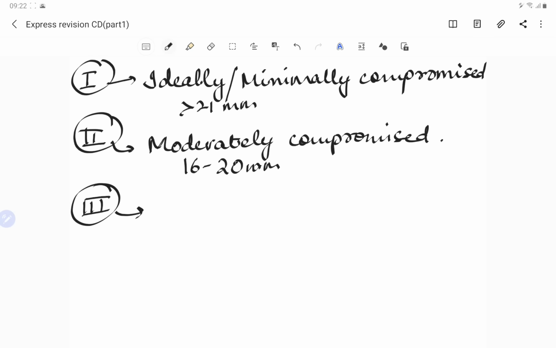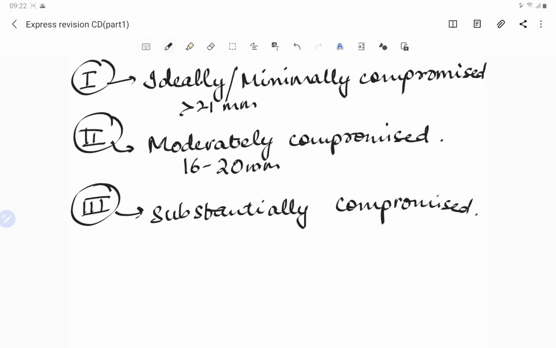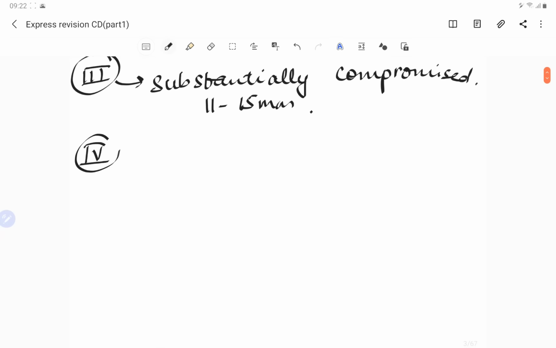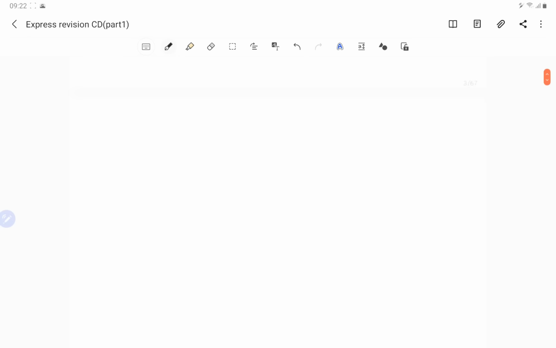So type 3 is substantially compromised. In that, the bone height of the mandible is 11 to 15 millimeter, and the type 4 is severely compromised. We are talking about severe resorption of the bone here. So severely compromised.